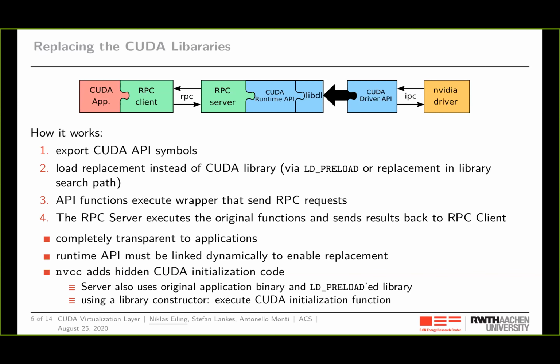To be able to execute this initialization code, we also use the original binary for the RPC server application and preload a custom library that, instead of executing the original CUDA application, uses a library constructor to execute the CUDA initialization code and then waits for requests from remote procedure calls. So the original main function is never executed in the server application.